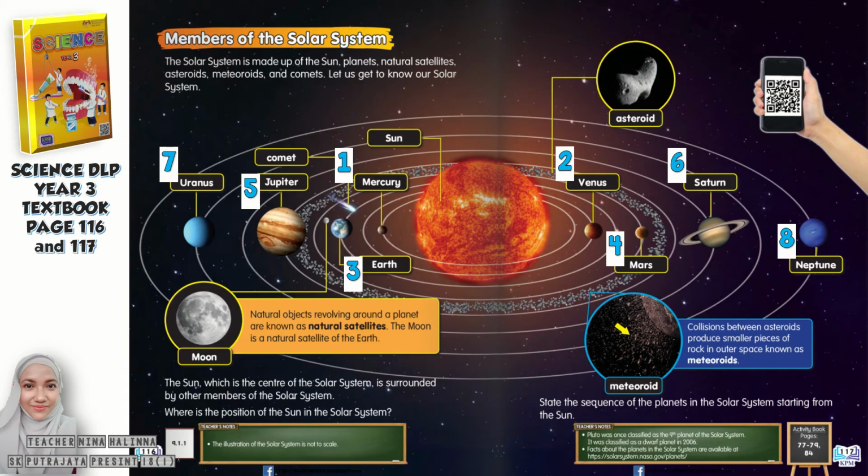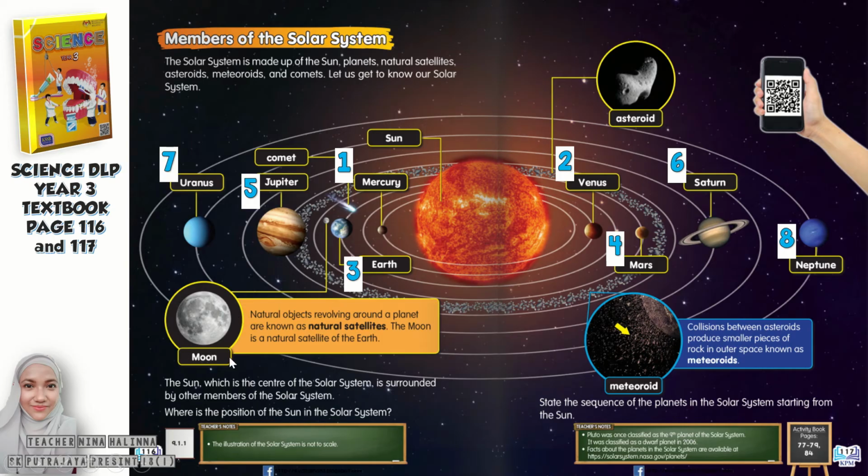If we get to see comets, we can actually see a trail of light that comes with the comet, because it's actually ice. So now you know that the difference between comets and asteroids is that comets are made of ice, whereas asteroids are actually rocks. Okay, all right.